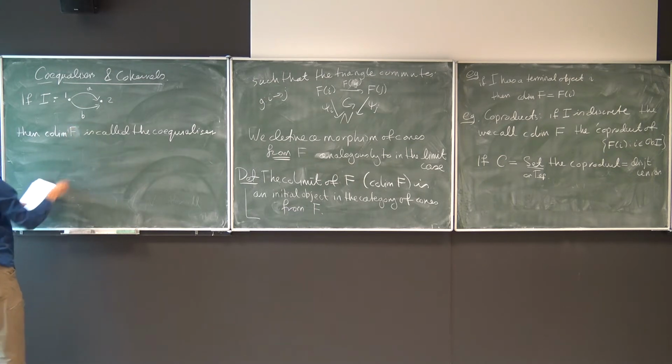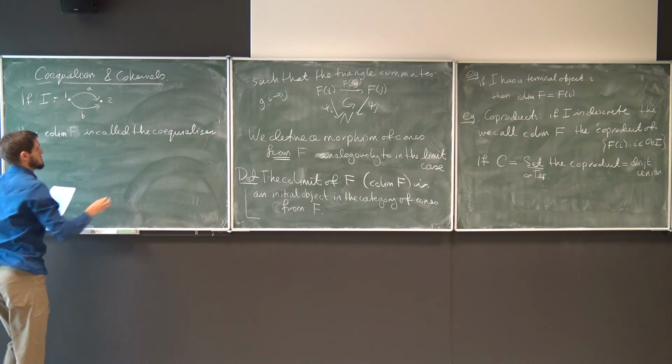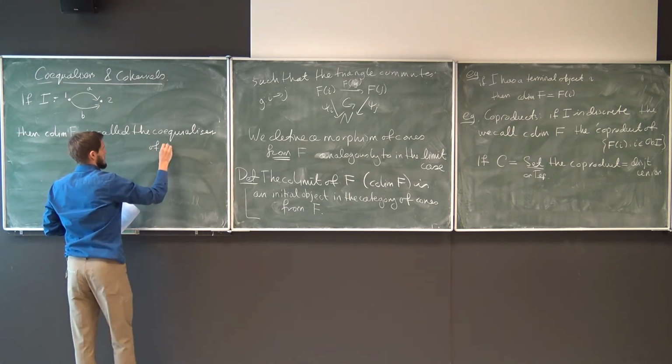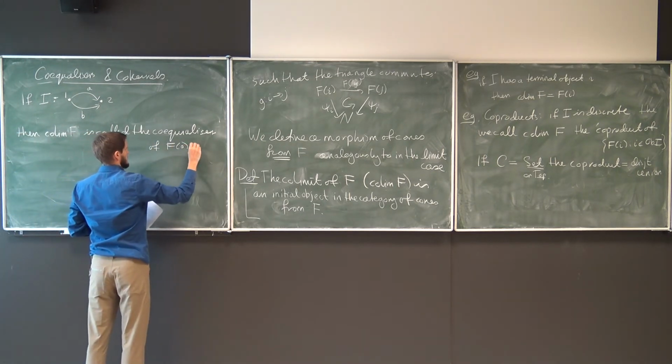So F is, as always, a diagram of shape I. Then the colimit of F is a coequalizer of the maps F(A) and F(B).